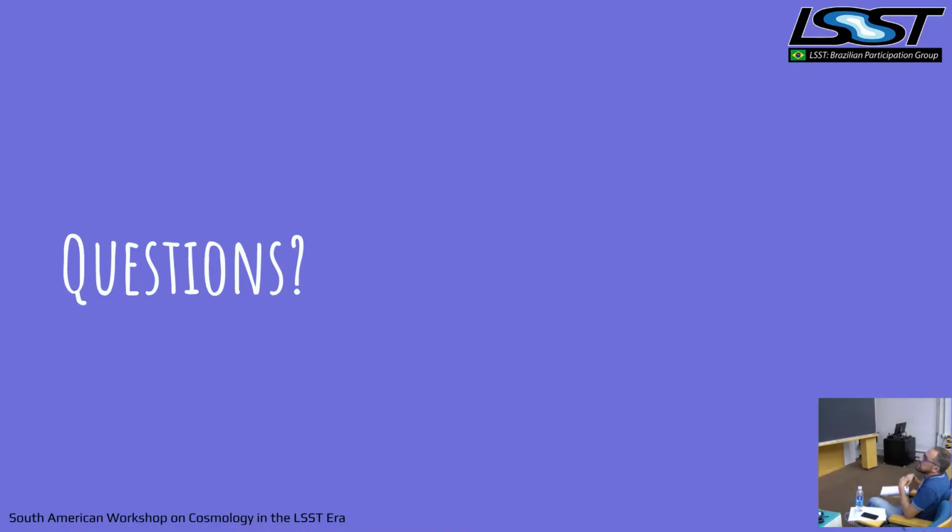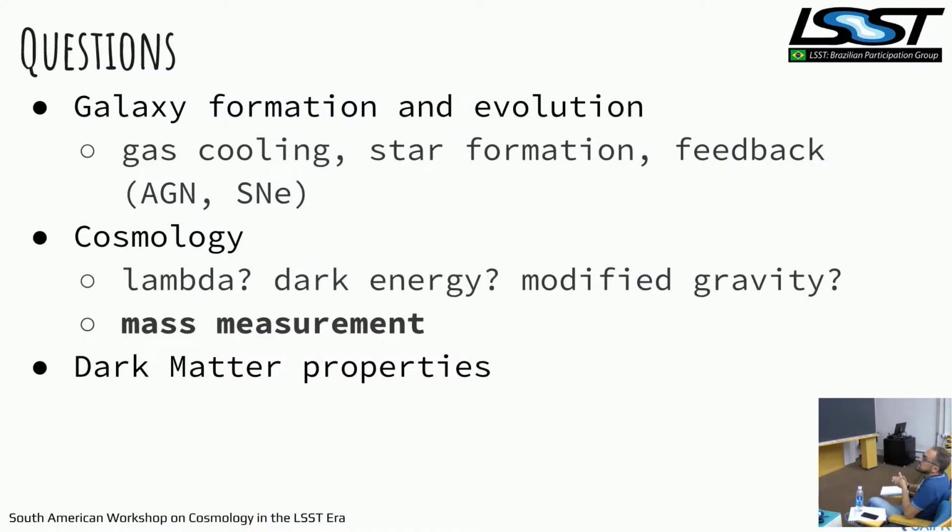All right. So if you are happy with your cluster catalog, you can try to answer several questions. How do galaxies forming into the clusters, and outside in the field, behave and evolve? This involves several physical phenomena: the gas cooling, the star formation, the feedback from active galactic nuclei or supernovae.